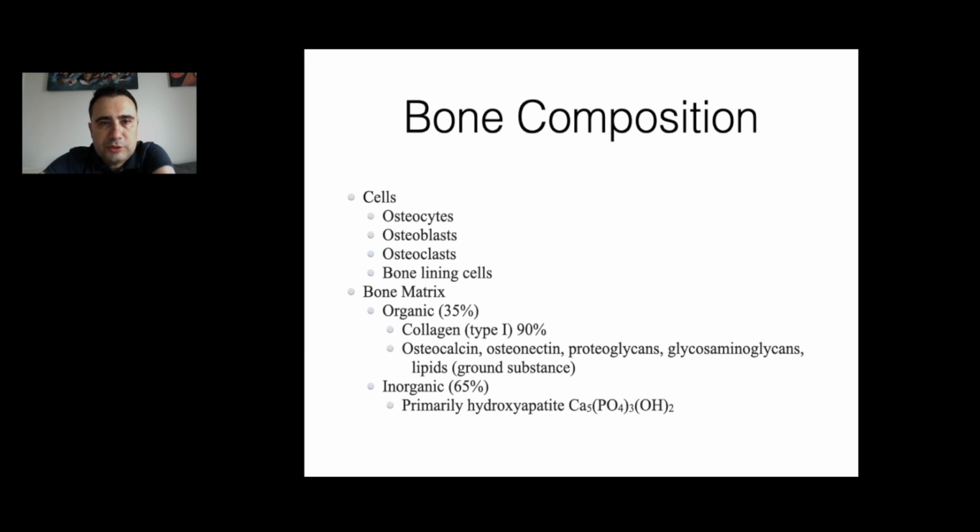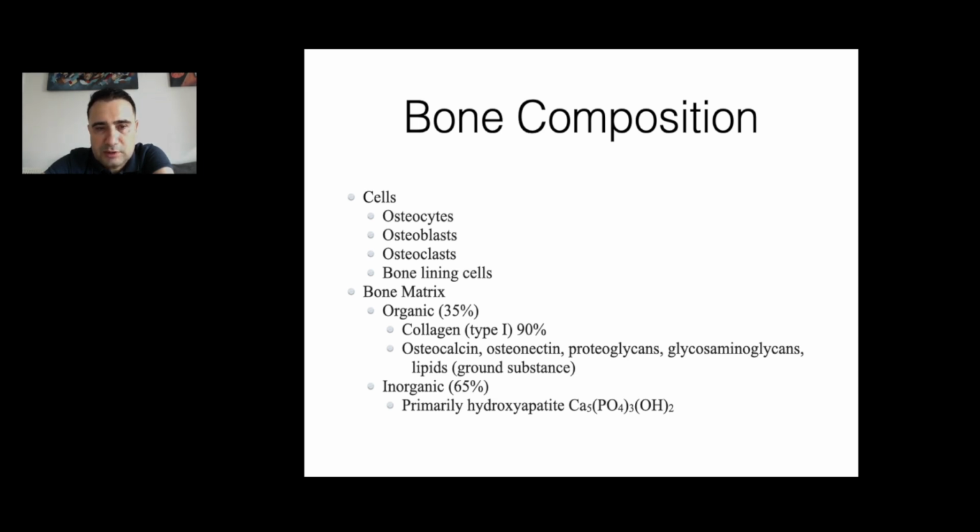If you look at the composition of bone, it consists of cells and bone matrix. The cells present in bone tissue are osteocytes, osteoblasts, osteoclasts, and bone lining cells. I will be talking about these cells in detail in a later part of this lecture. We also have bone matrix, which consists of an organic and an inorganic part.